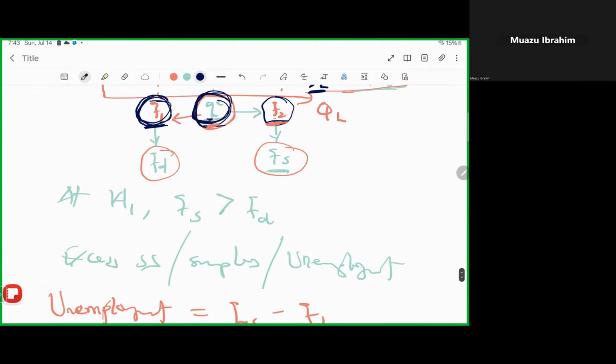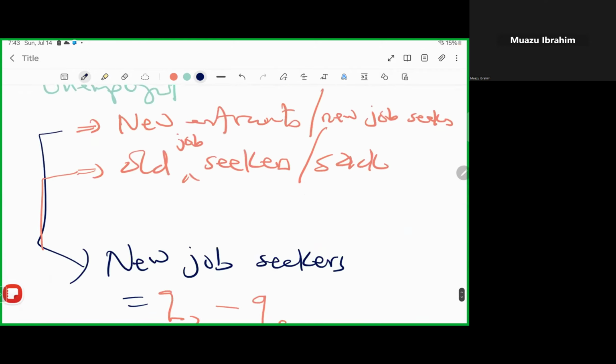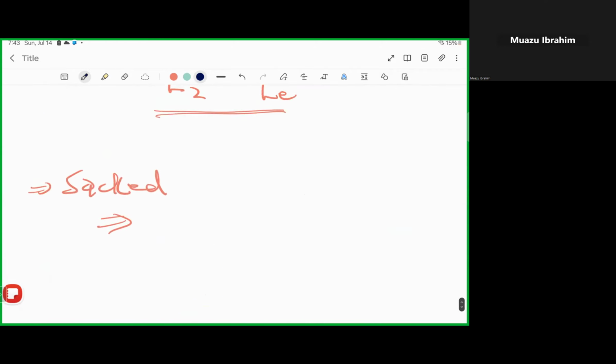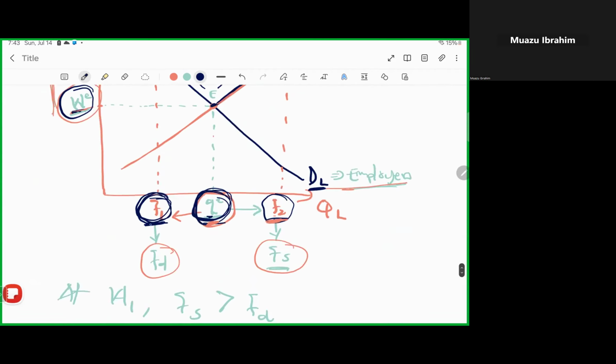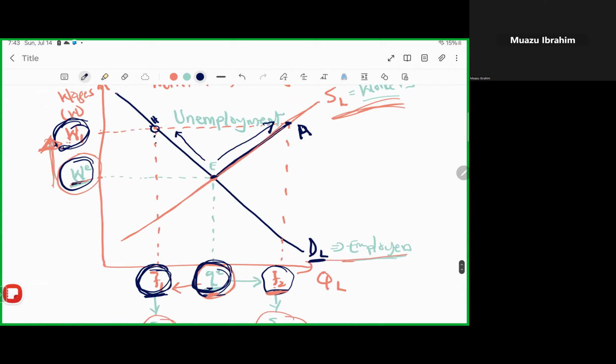So the amount of people who will be sacked will be QE, which was how many people were being employed at equilibrium, minus Q1, where Q1 is how many people have been employed, which is this one.